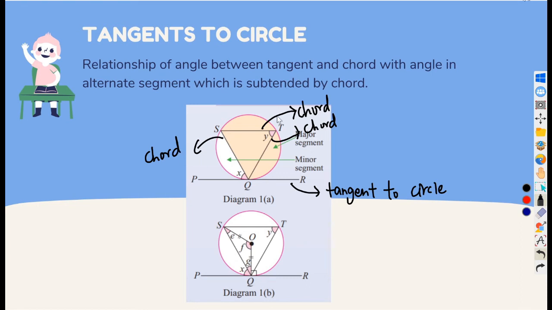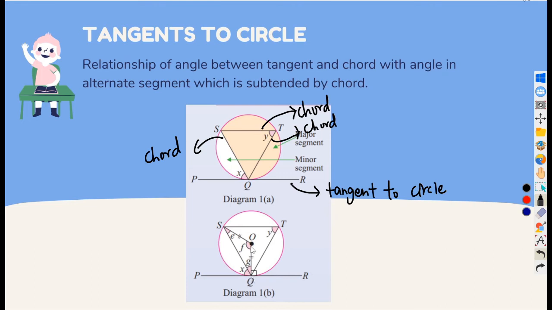Based on diagram 1B here, OS is the radius, and OQ is also a radius.